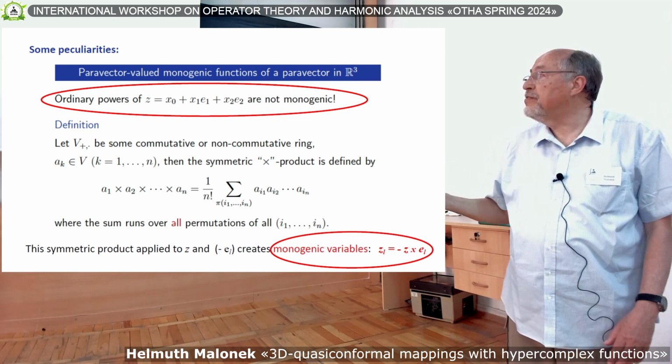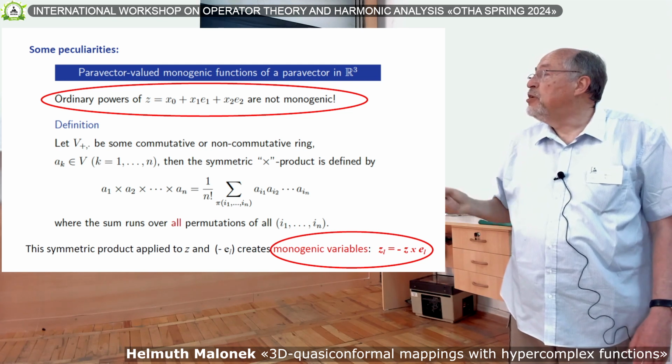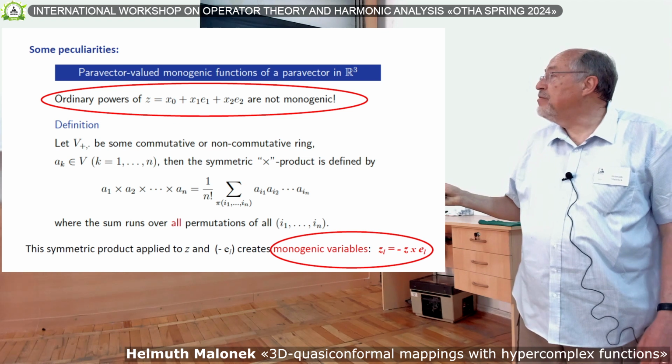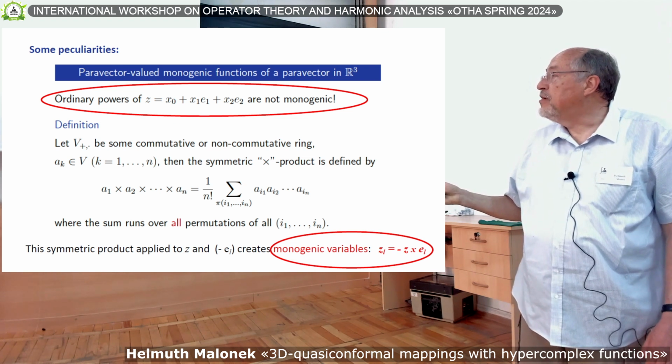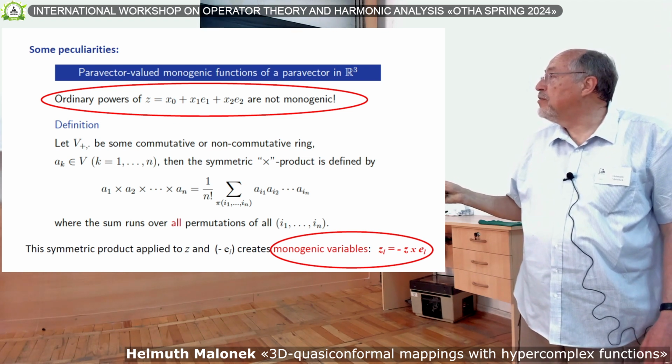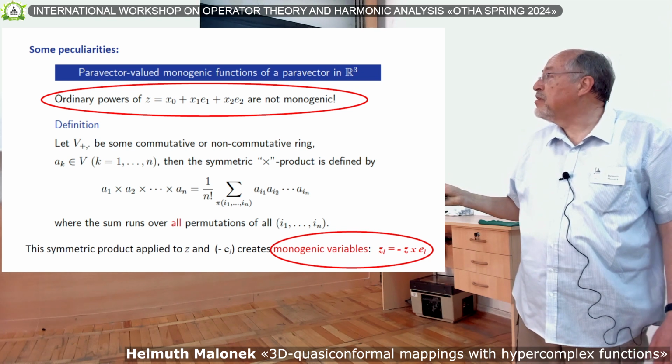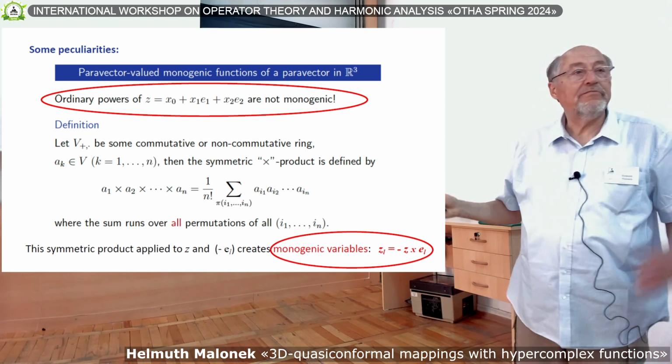Then the secret is here that you are using in this product all permutations. And then you can even notice that the symmetric product of this hypercomplex non-monogenic variables with the generators leads to monogenic variables.